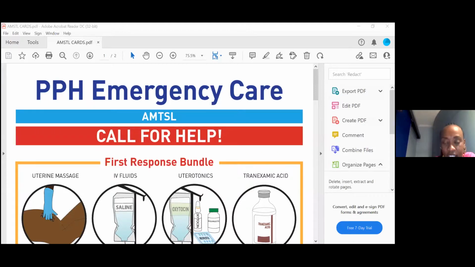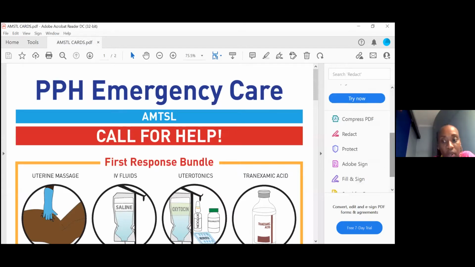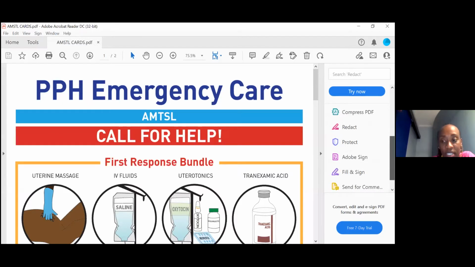Yeah, but I think that's also something you should take up with your management. If you're doing deliveries, you should not be doing deliveries alone. Ideally, we should have at least 2 or 3, even at dispensary level. So I think that's also a management issue. You can never predict emergencies.